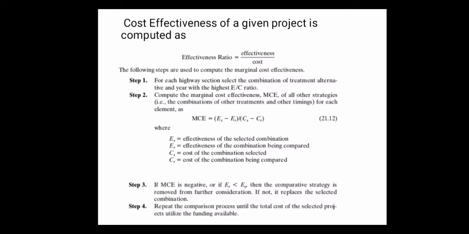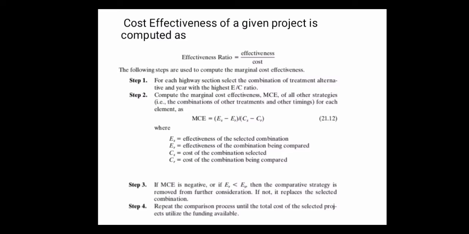So the following steps are used to compute the marginal cost effectiveness. First step, for each highway section, select the combination of treatment alternative and year with the highest EC ratio, or the effectiveness cost ratio.